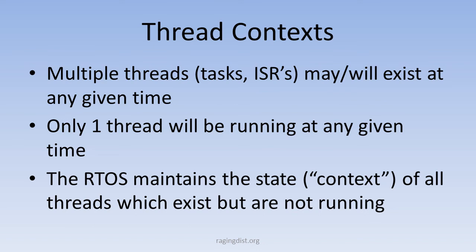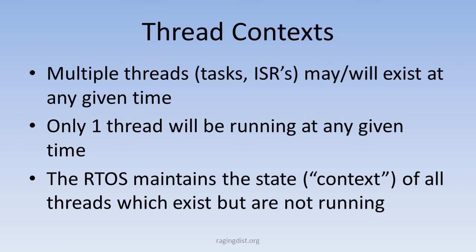Now, in an RTOS, and not just an RTOS, but if you consider threads to be ISRs, which you can actually have in schedulers too, you will have multiple threads that are maintained by a combination of the hardware and the operating system. And of course, only one of these threads will be executing at any given time.